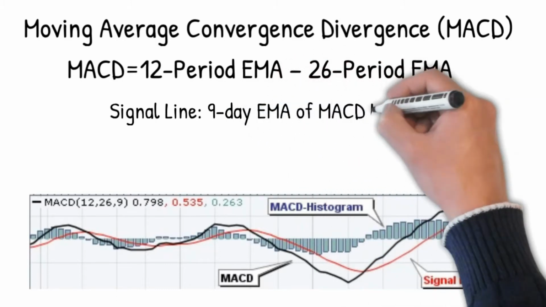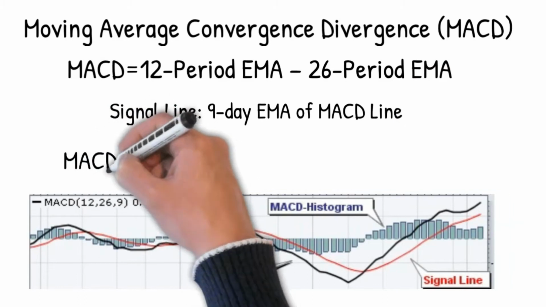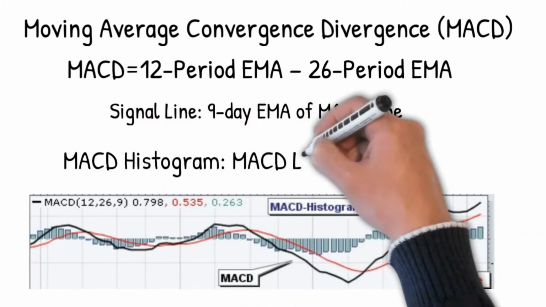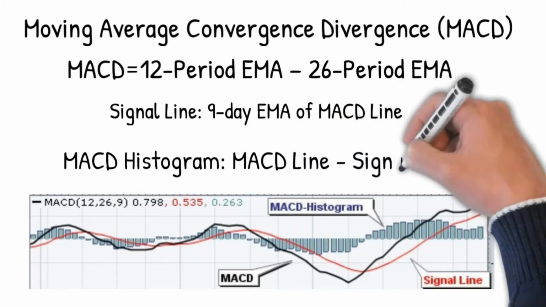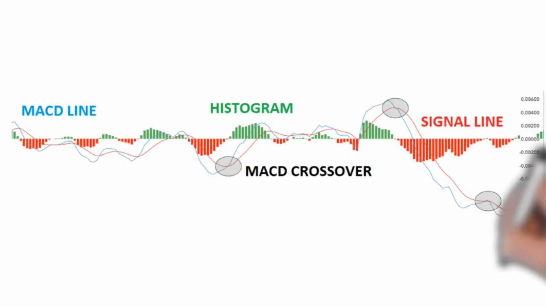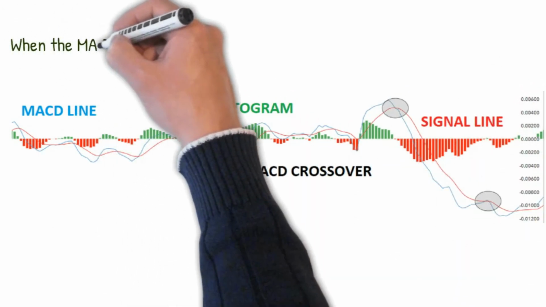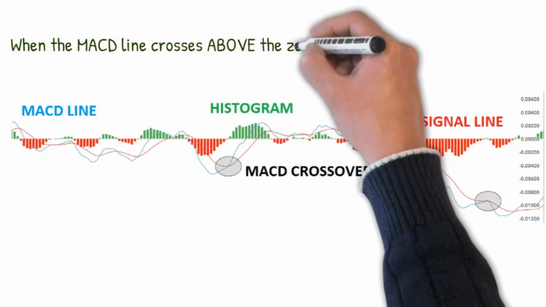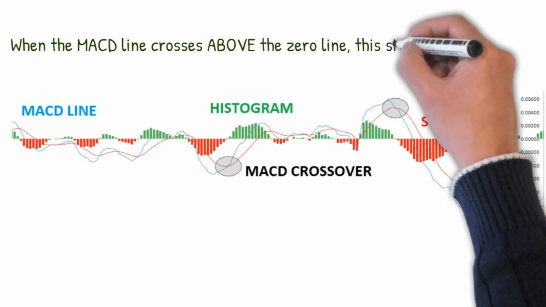A 9-day EMA of the MACD, called the signal line, is then plotted on top of the MACD line, which can function as a trigger for buy and sell signals. Traders can buy the security when the MACD crosses above the signal line and sell or short the security when the MACD crosses below the signal line.